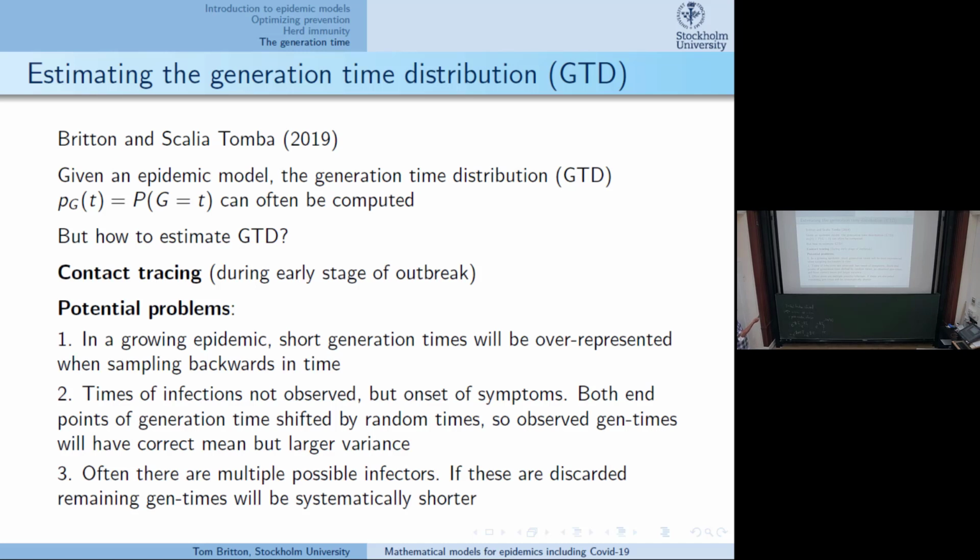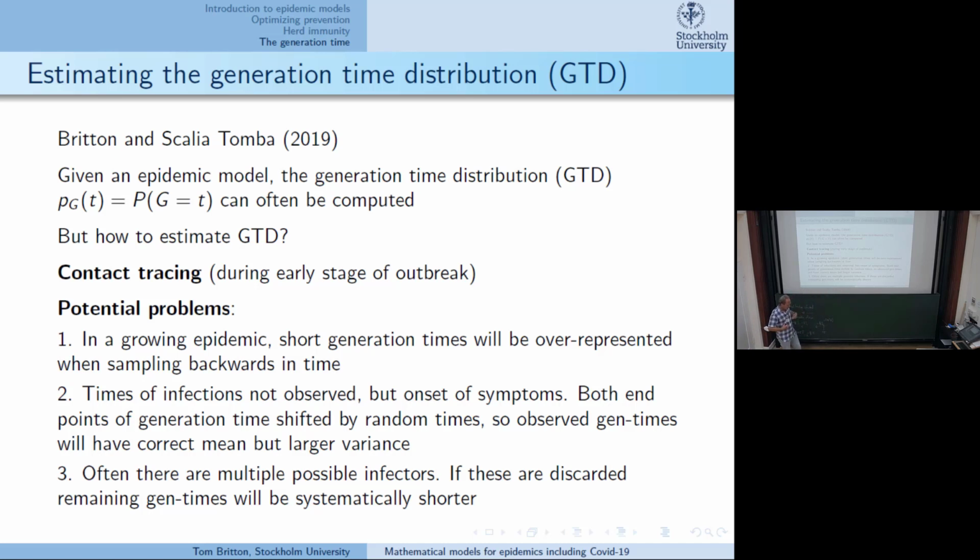So here is a paper that we wrote before the pandemic, and it was not inspired by COVID, but it was inspired by the Ebola outbreak in West Africa. And one problem with contact tracing is not that you look forward in time, but you look backwards in time.